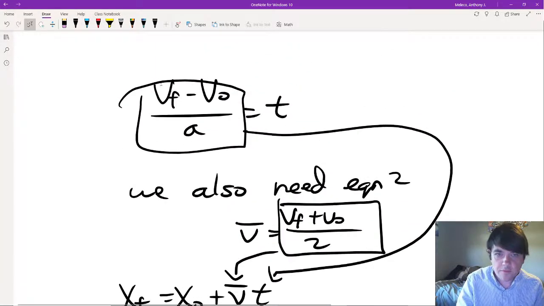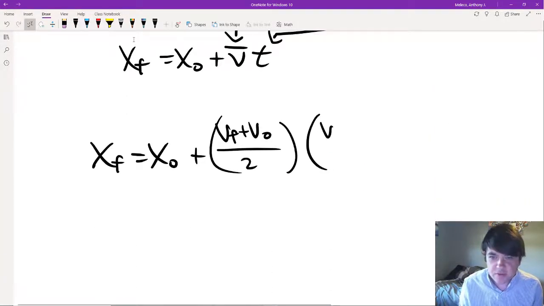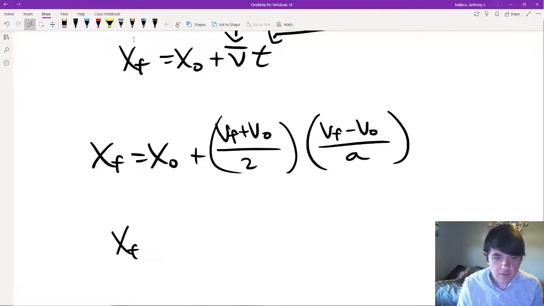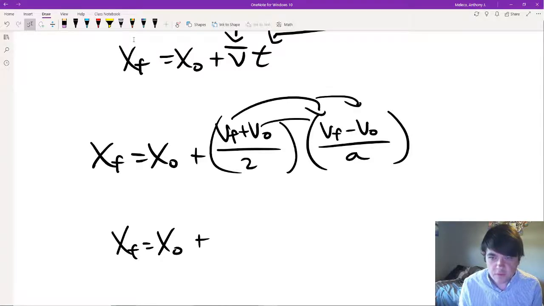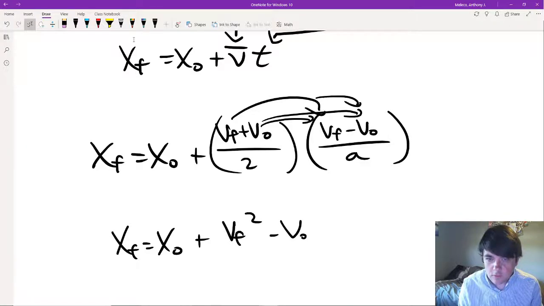And this was V final minus V initial over A. So you get X final equals X initial plus, you guys remember this? You do these 2 first, then you do these 2, right? So V final squared minus V final V initial, and these guys commute, so it's not a big deal.